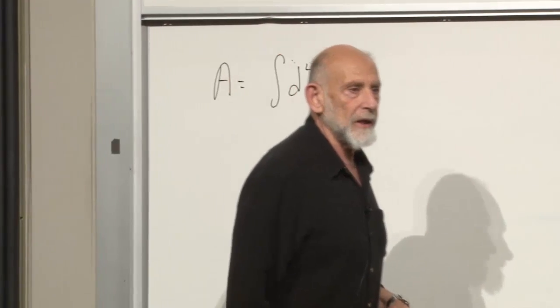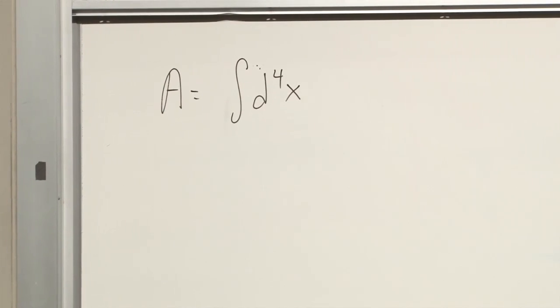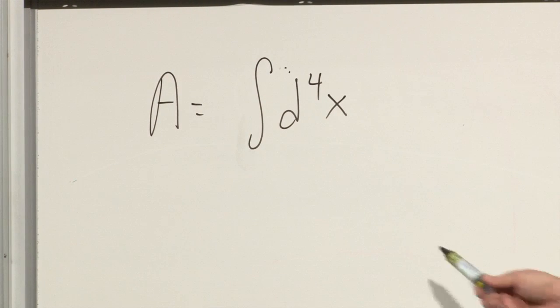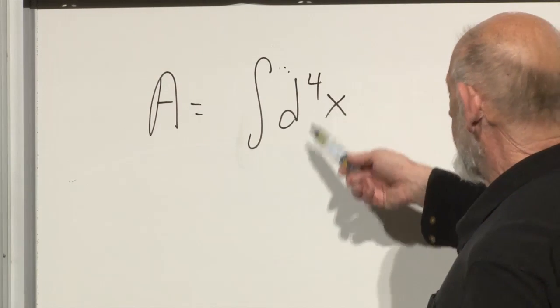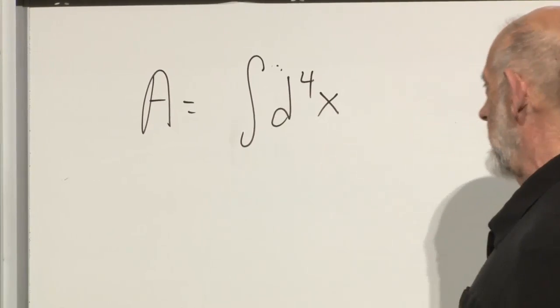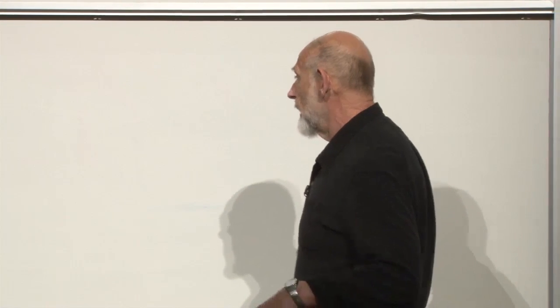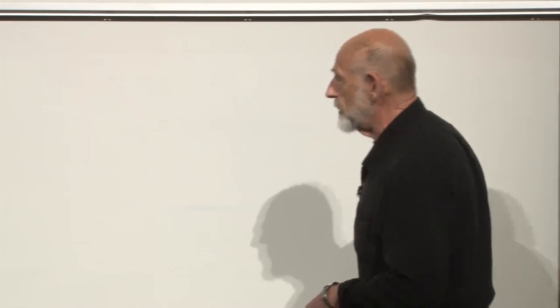Of course, if we were dealing with a theory in 5 or 2 or 1 dimension, we would replace this by d5x, d2x, d1x. What would x be if it was only 1 dimension? It would be time, right? So d4x includes dt, but it also includes the directions of space. But you can just think of it as dx, dy, dz, dt.